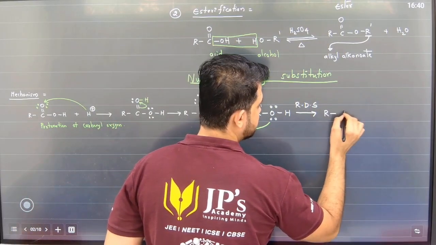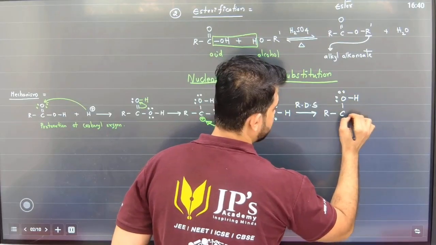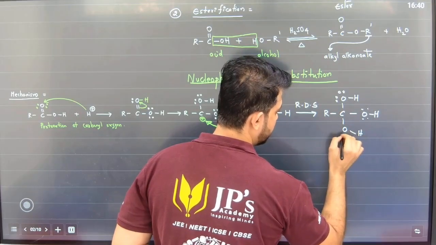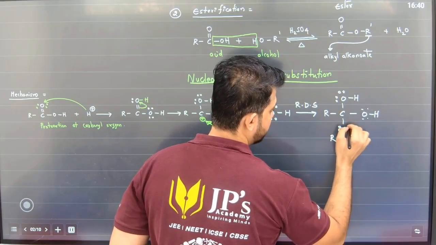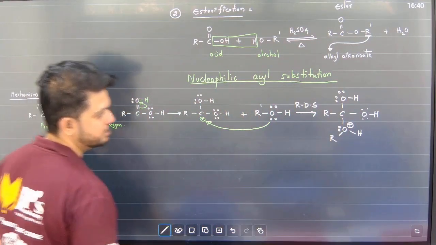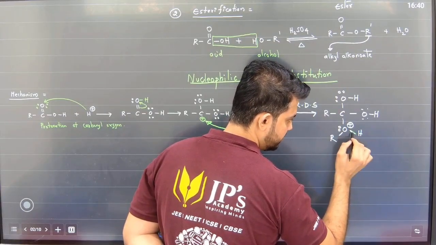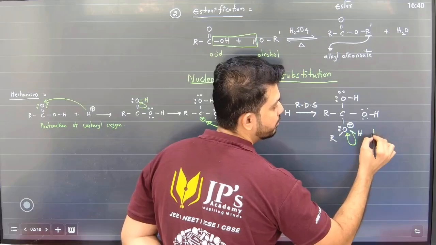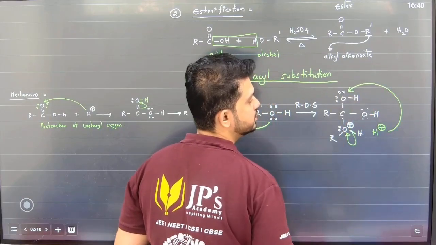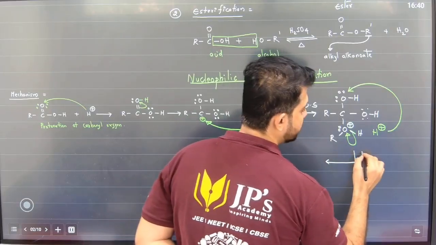So we have R C OH, again OH, and ये attach हो गया. So next step students, ये जो H है, these electrons will go to oxygen as lone pair, और ये आपका प्रोटॉन ये ऑक्सीजन के पास चला जाएगा. इसे हम बोल सकते हैं इंट्रामोलिक्यूलर प्रोटॉन एक्सचेंज.